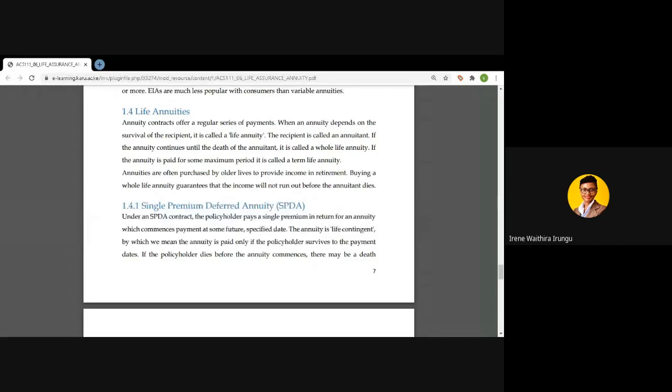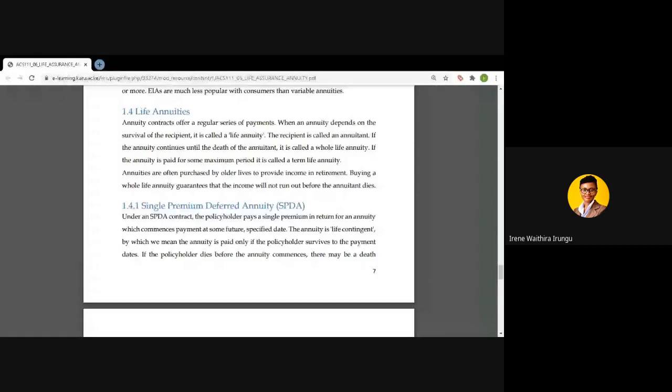It is possible to have a term life annuity, in which case, if we speak of a 5-year term life annuity, it means that the annuitant will receive regular payments for the 5 years. So it is not one single sum assured benefit tied upon their death. No, in this case, it is regular periodic payments, which can be annual, quarterly, 5-yearly, and so on, within the term of the contract.